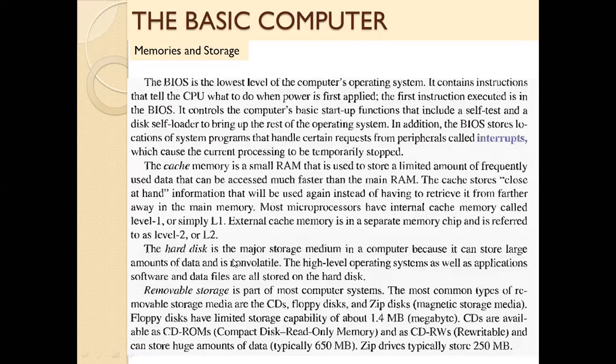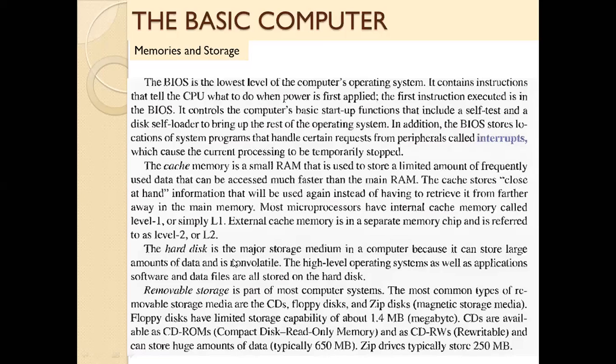Those data and instructions which the microprocessor or the central processing unit needs, it will first search in the cache. If it is available in the cache, it is called a hit, and if it is not available in the cache, it is called a miss. Most of the time, the central processing unit gets data when it searches the cache, so immediately it takes data from the cache, which is faster, so the operation would also be faster.